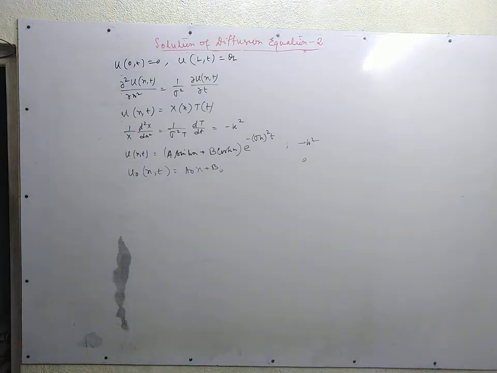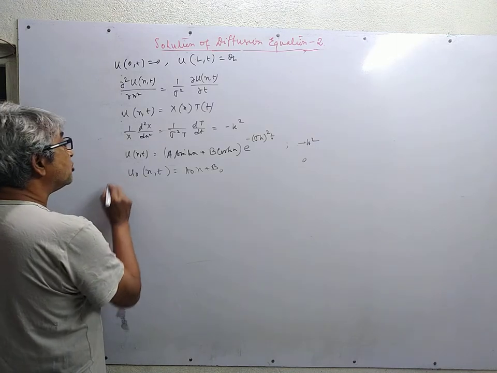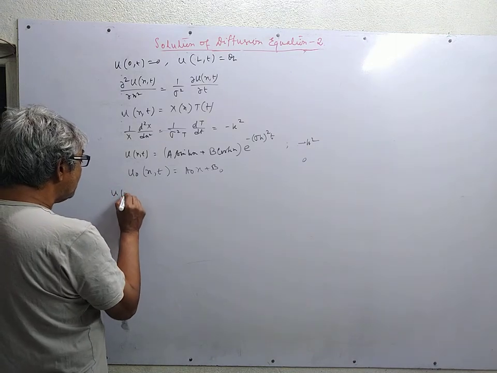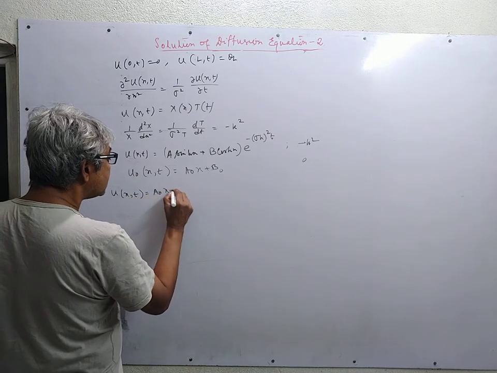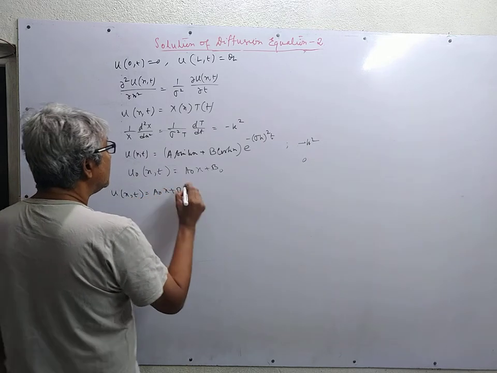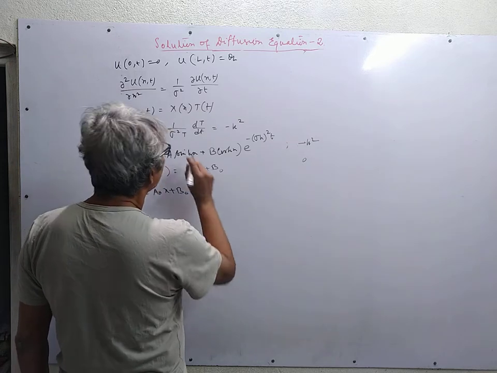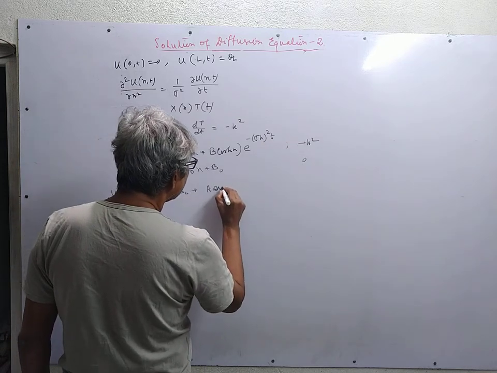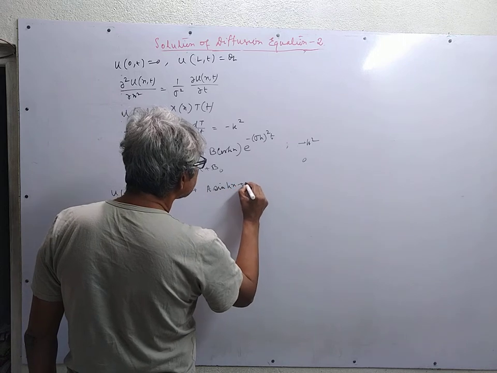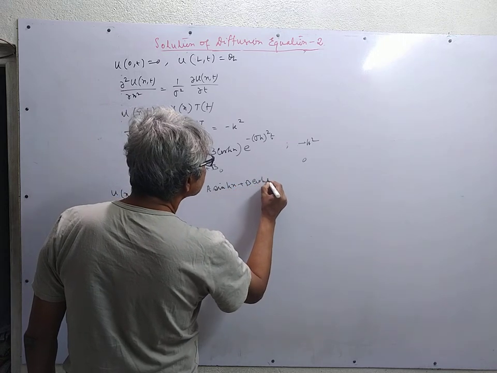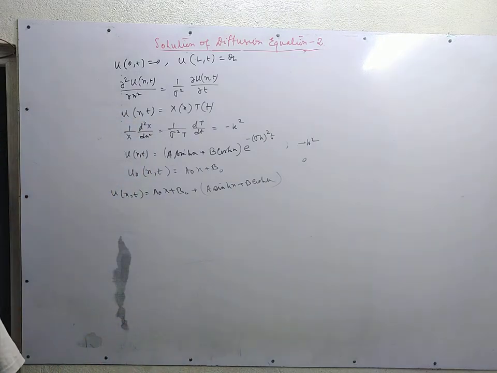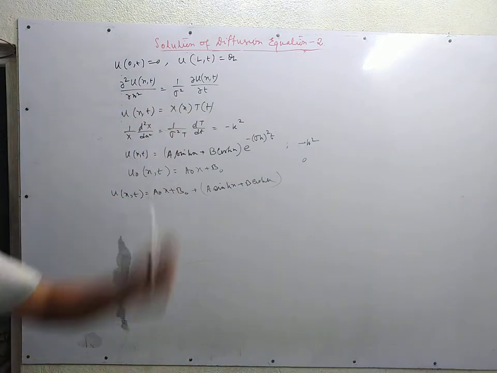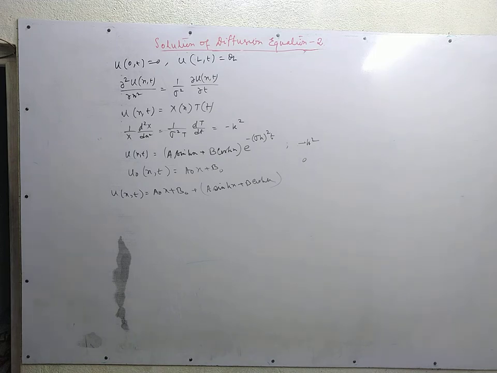In that case, the most general solution is u of x,t equal to a0 x plus b0 plus this part, a sin kx plus b cos kx, and we can apply the boundary condition directly on it to get the same result that we obtained in the last class.